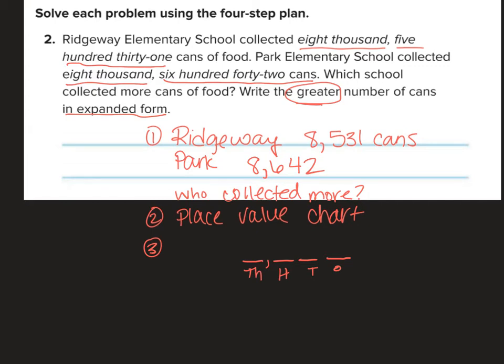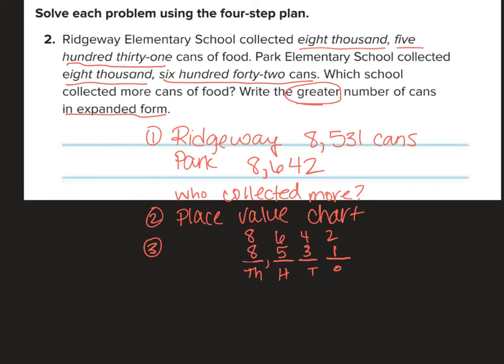So, here we go. So I have 8,531 versus 8,642. Okay, so if we compare the thousands place, we notice they're both 8.